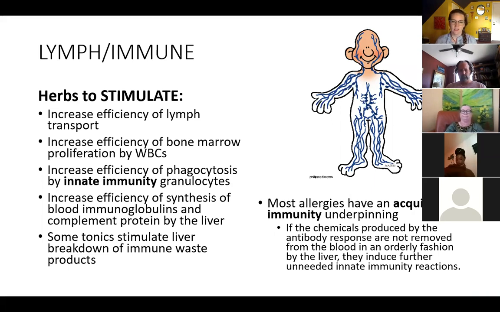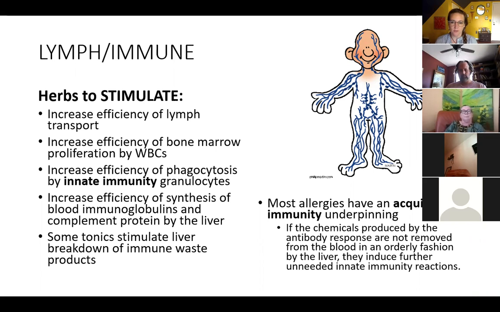And last note here, most allergies have acquired immunity underpinning. If the chemicals produced by the antibody response are not removed from the blood in an orderly fashion by the liver, they induce further unneeded innate immunity reactions. So this is saying, again, with allergies causing more allergies, this is an acquired process.